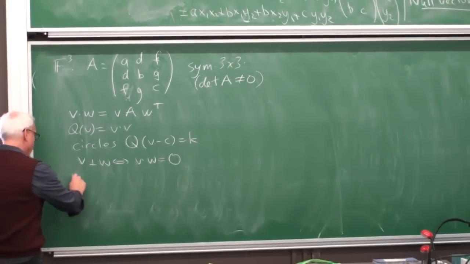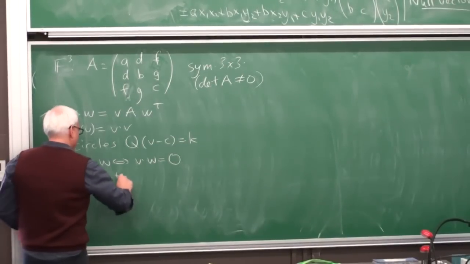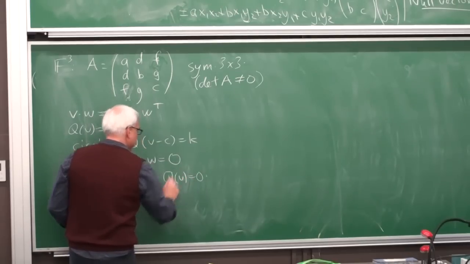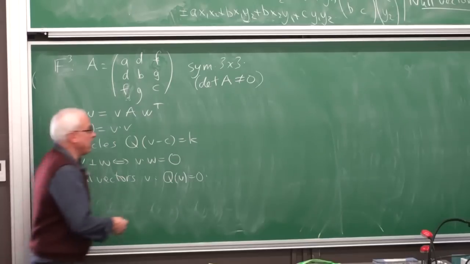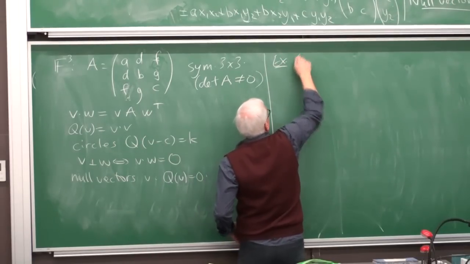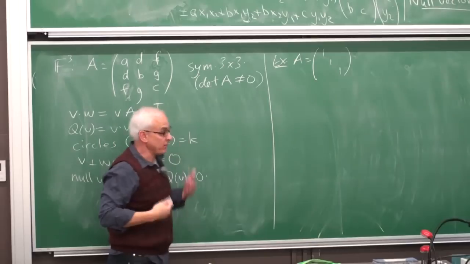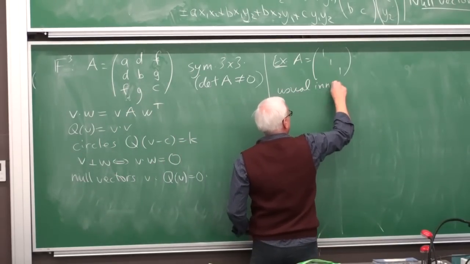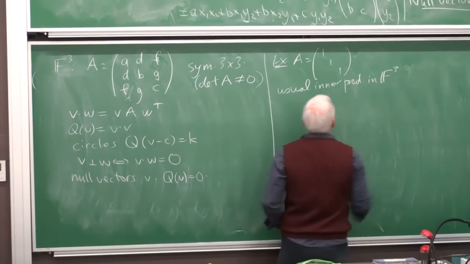And we also define null points, or null vectors, those vectors V where the quadratic form of V equals 0. So algebraically, it's exactly the same, but geometrically, the story is somewhat richer. The first example is just when you have the ordinary identity matrix, and there we get the usual inner product in 3-dimensional space.